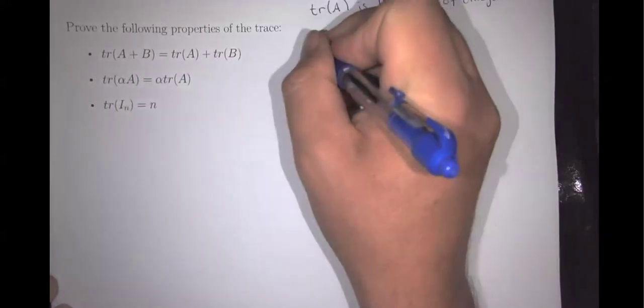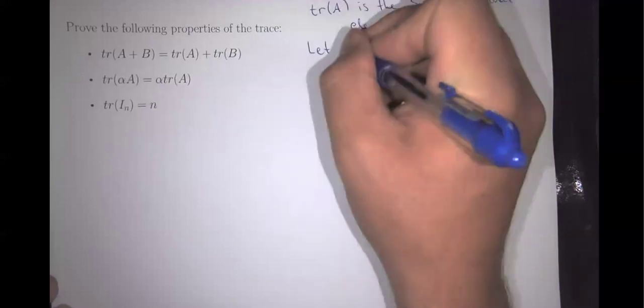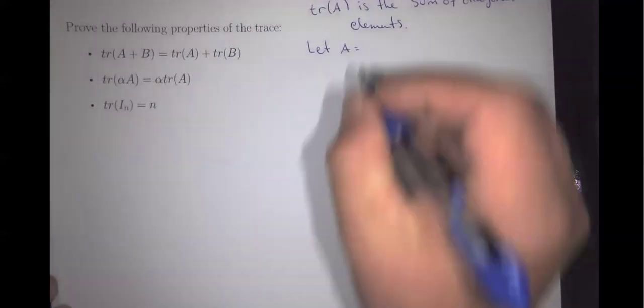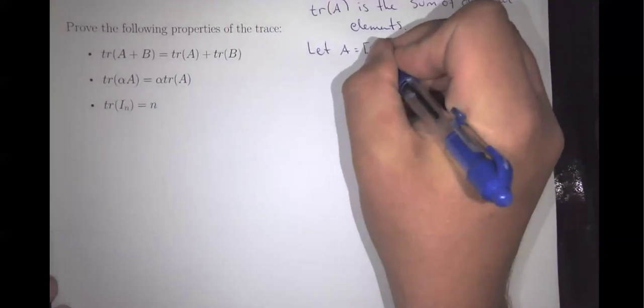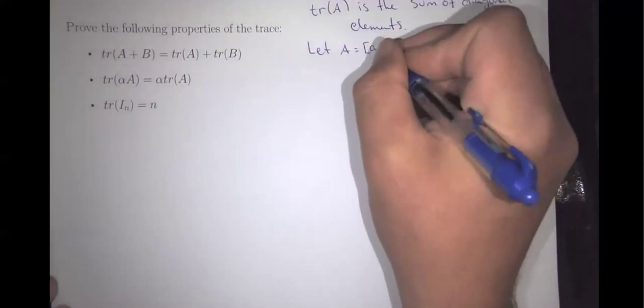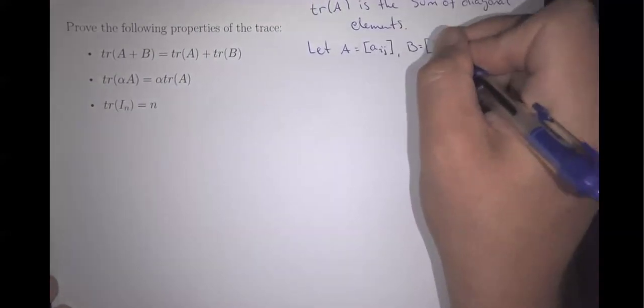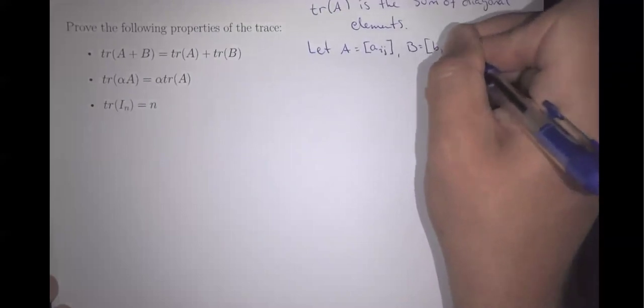So we're going to write A as little a_ij and B as little b_ij.